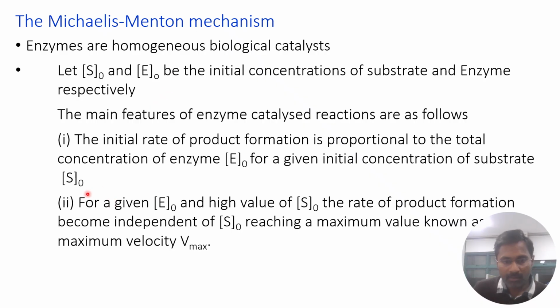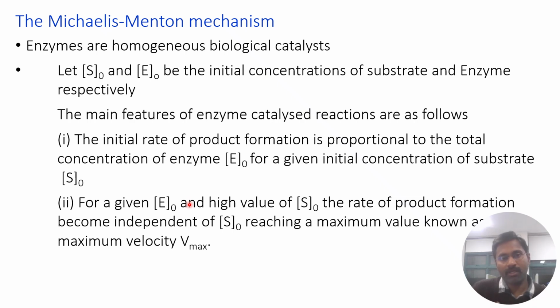Another important point is the concentration of enzyme and substrate. In certain cases, you will have a substrate concentration very much higher than the enzyme concentration. In that case, the rate of reaction depends only on the enzyme, much similar to a pseudo first order reaction, where if you take one of the substrates in very high concentration, the rate of reaction does not depend on it.